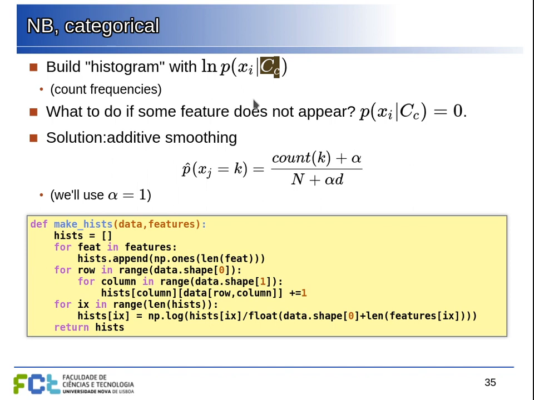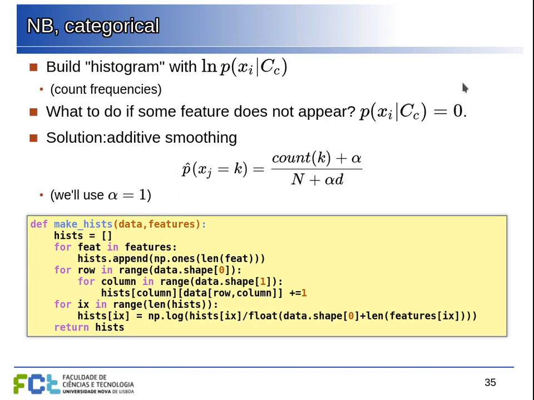For example, suppose that you don't have any mushrooms with bell shape cap on edible class in your training set. In that case, the probability would be 0. We would have problems with the logarithms, and the classifier would consider it impossible to have something with that value for that feature in that particular class, just because it never occurred in the training set.